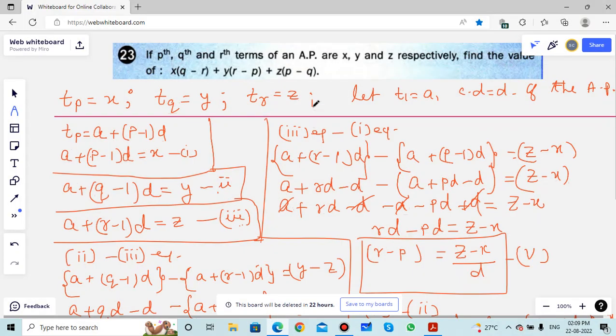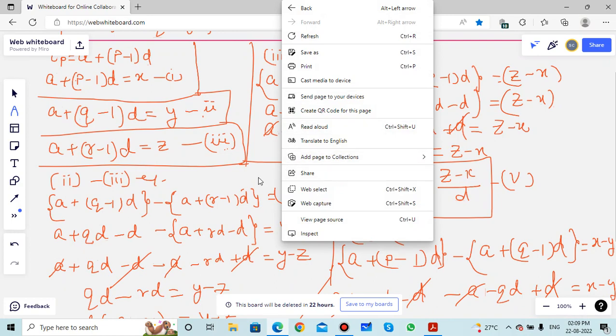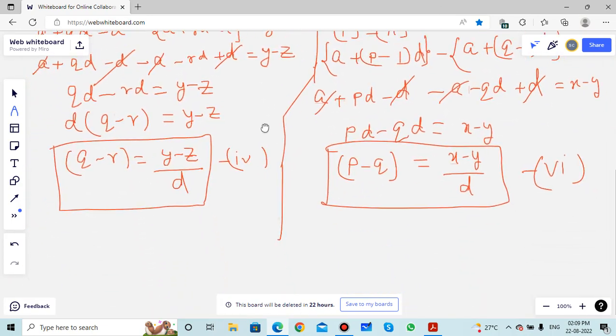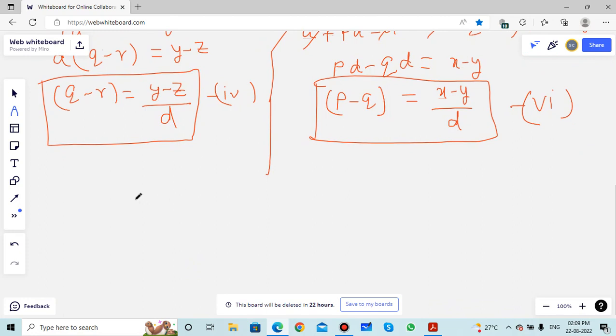We have to find the value of this one. So I'll write it below there. I'm putting it here. Now we have to get the value of this. So wherever is q minus r, I will write this.